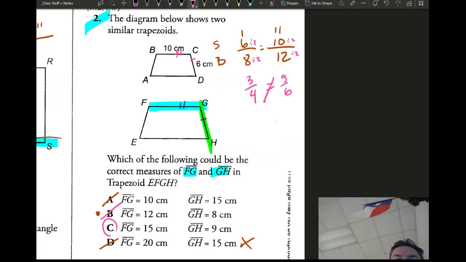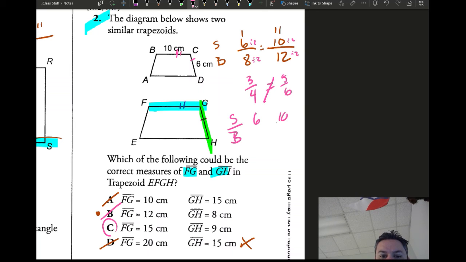How do we figure that one out? Again, S and B. So if we play with that one, the top is going to be the same. And B1 will be GH, which is 9.